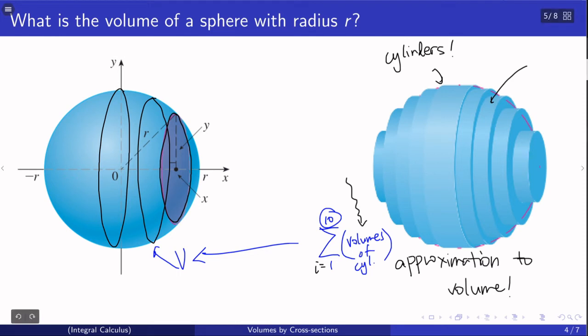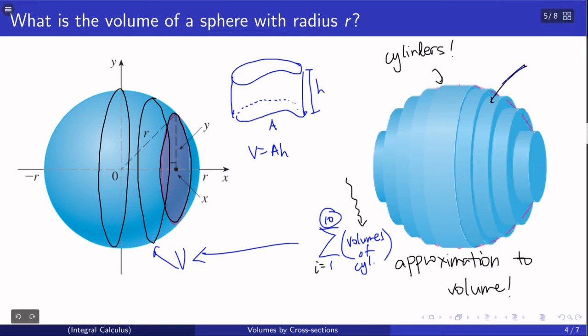Technically a cylinder is anything that looks like this, where you can have a region and then it's just translated vertically to produce this three-dimensional solid. And the volume of this, if the base has area A, the volume is just A times H. Area of the base times height.